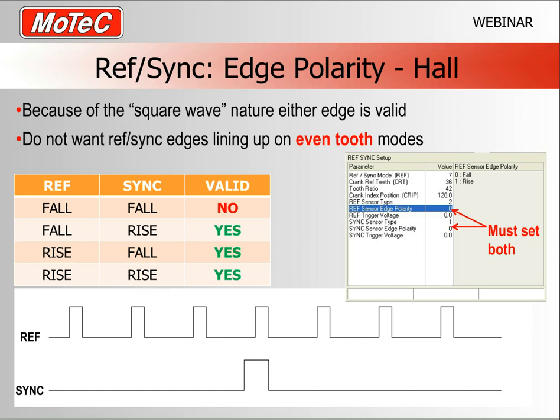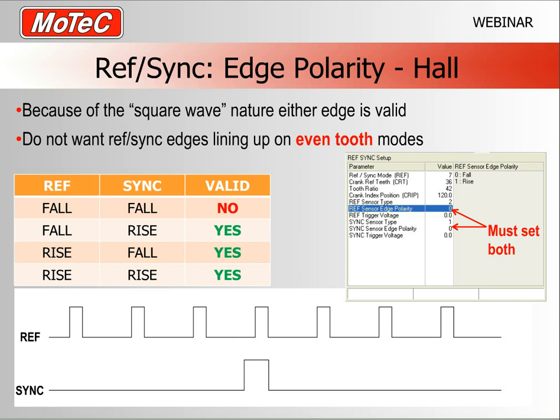So as far as the ECU is concerned, the square wave rising voltage going from low to high, or falling edge voltage going from high to low, they're equally valid as a signal. But we have a little bit of a logic type problem here, where we have to be a bit careful in choosing our edges, because we don't want two edges that line up perfectly, especially on an even tooth mode.